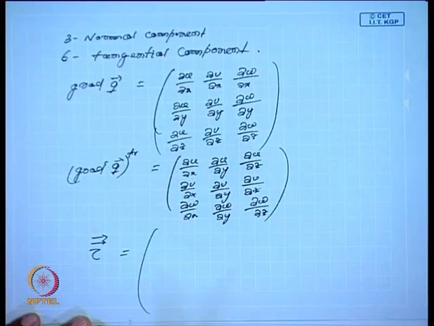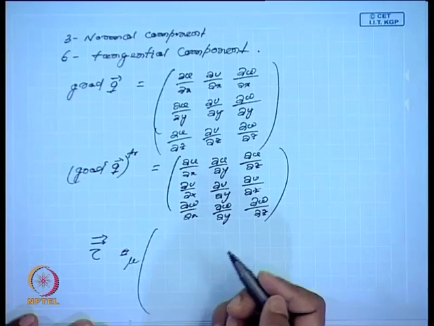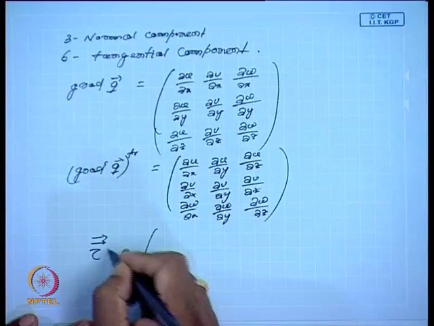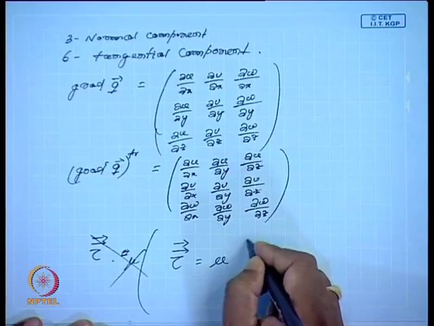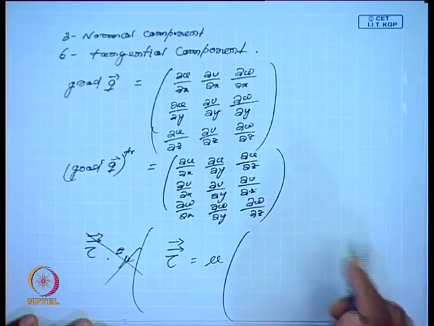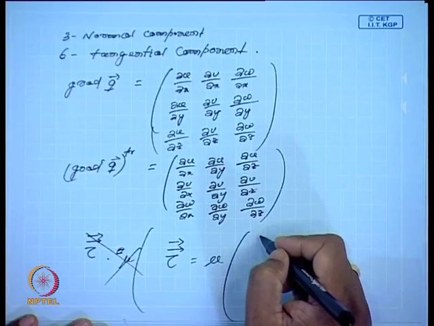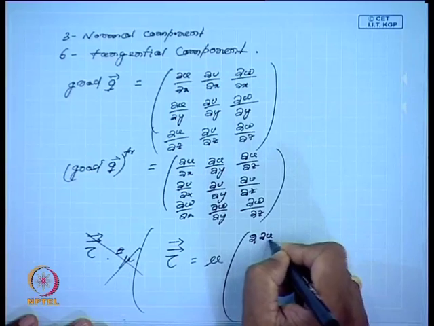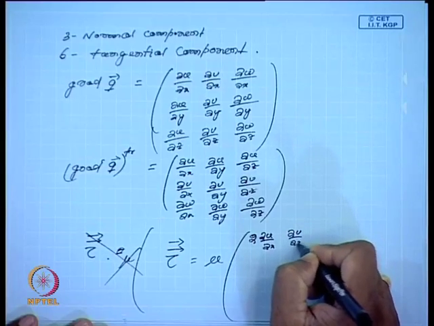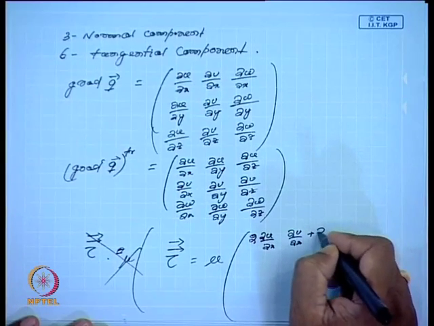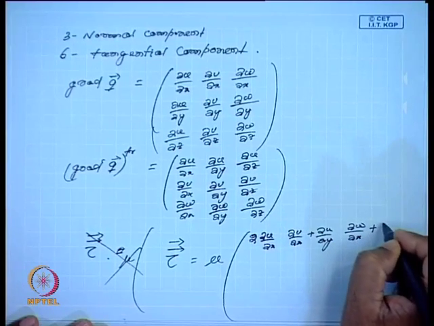If I combine these, it is mu times, if I add these two things, I will get 2 del u by del x, then del v by del x plus del u by del y, and the third component is del w by del x plus del u by del z.